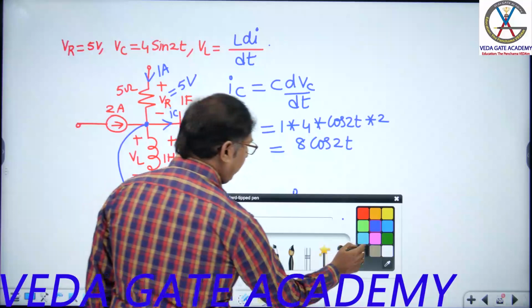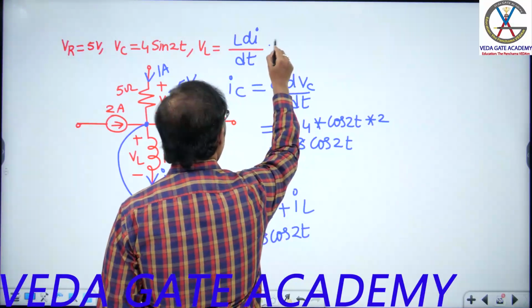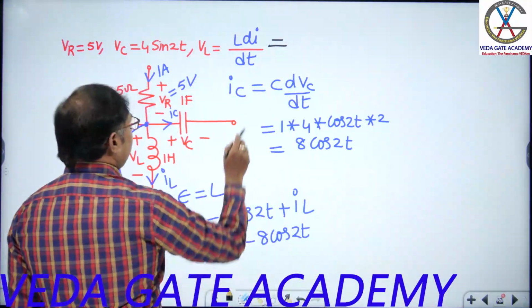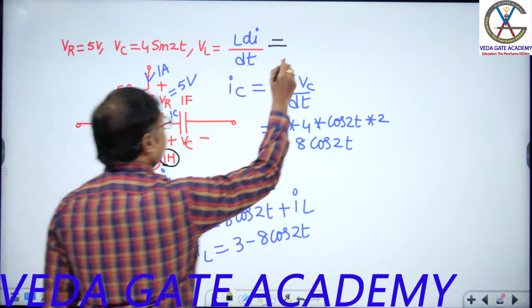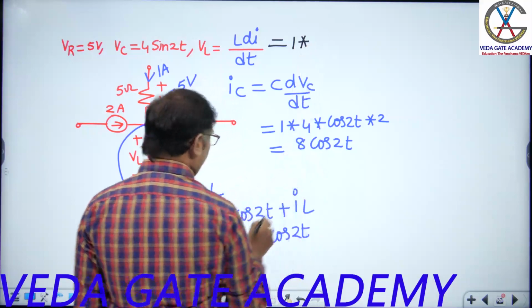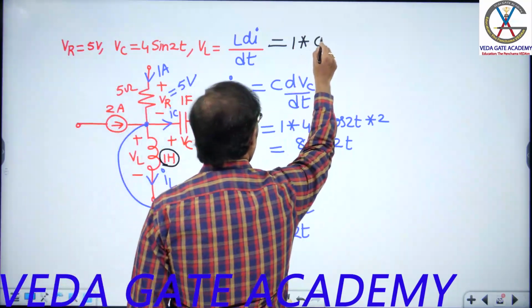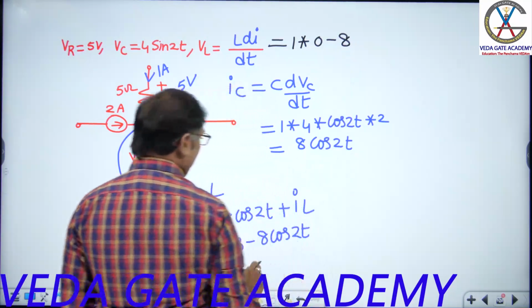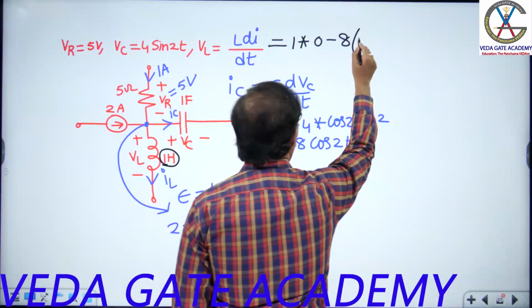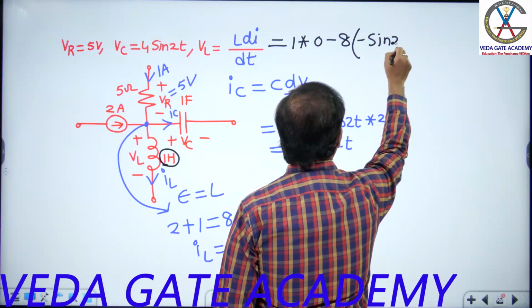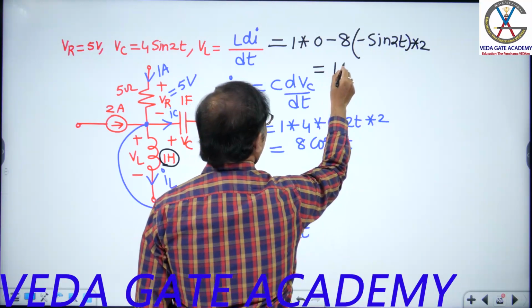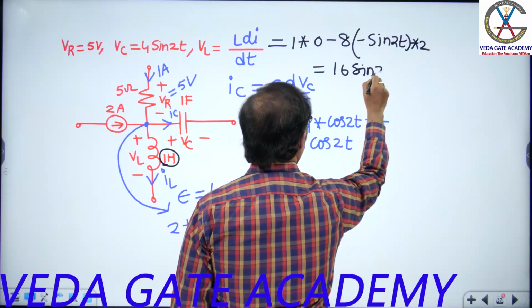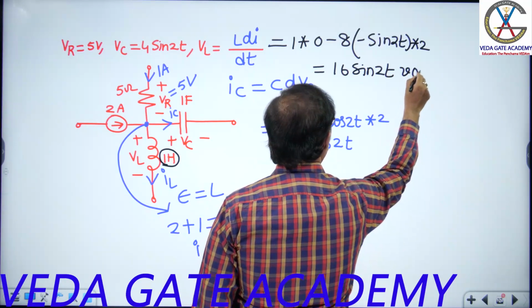Once you have the expression for IL, what is VL? L di by dt. The L value given is 1, into the derivative of this: 0 minus 8 into the derivative of cos 2t, which is minus sin 2t into 2. In total it is 16 sin 2t volts.